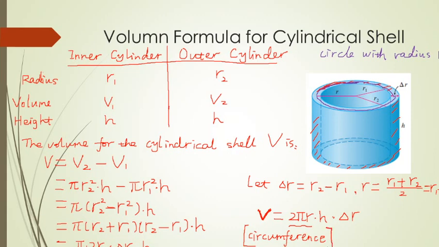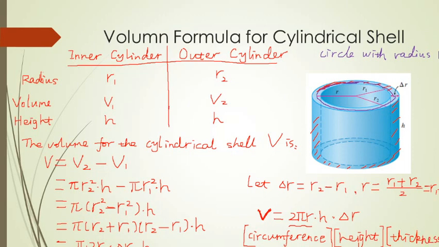Of course, the h gives the height of the cylinder, or the cylindrical shell, it's the same height. What is delta r? Delta r is the difference between the outer and inner radius. I can call the delta r the thickness.